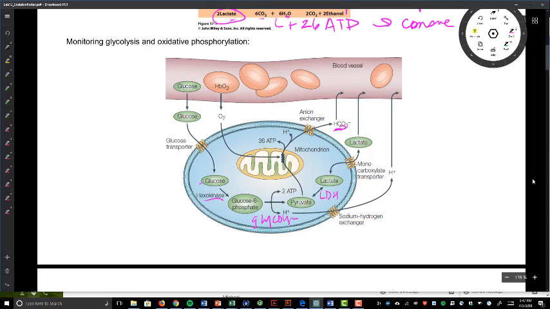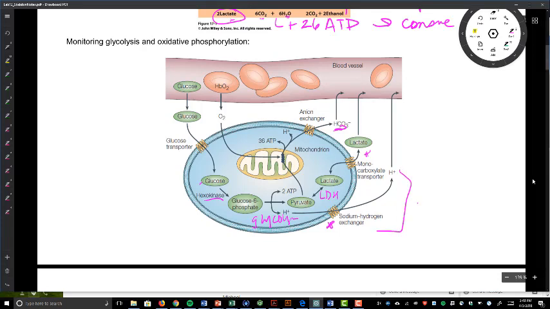And the reason why I include this figure is because it makes it pretty clear. Whenever lactate is exported from the cell through the monocarboxylate transporter, a proton must also simultaneously be exported out of the cell along with the lactate.